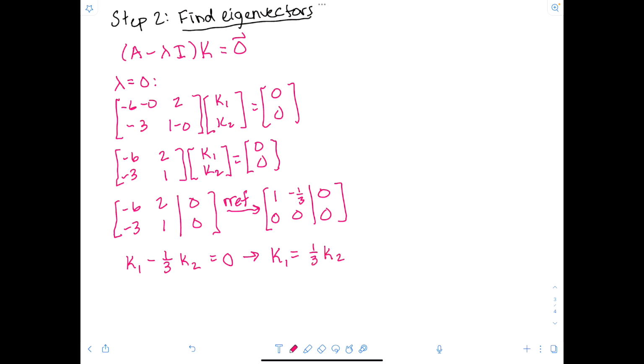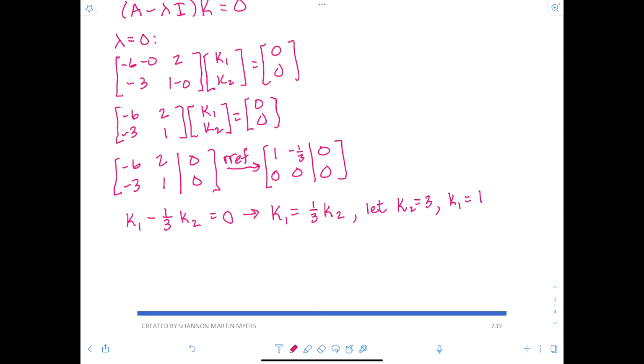Here's a trick that the author uses, and lots of people, to make it look pretty. If we let K2 equal 3, then K1 is going to equal 1. We won't have a fraction. So our eigenvector K1 is equal to 1, 3. Groovy?